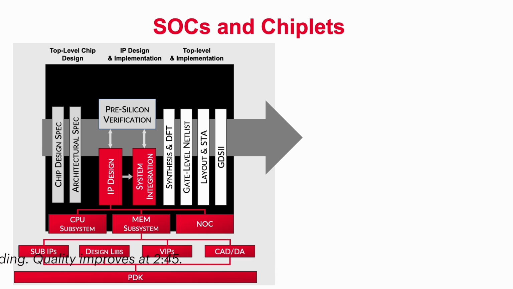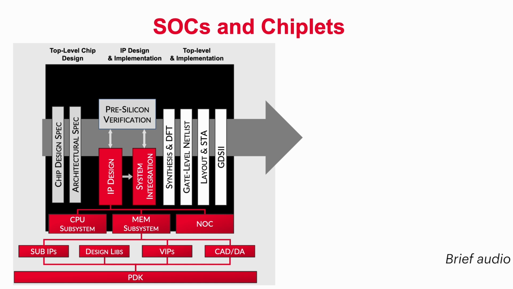Chiplet technologies make it possible to integrate different technology nodes into one single IC. So chiplets are the next frontier of silicon system or subsystem development. Why? Because they bring you modularity.